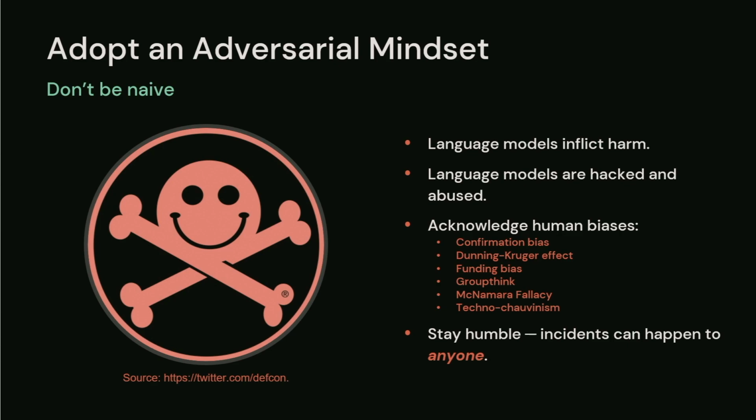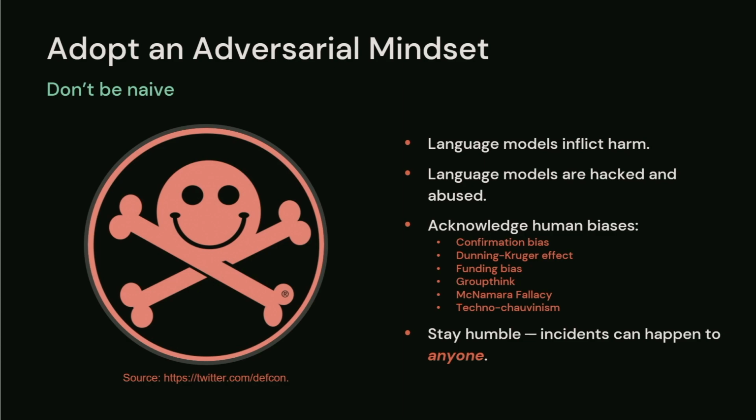We really have to think about human biases when we're doing this kind of work, okay? So there's many different biases that, if you've read Thinking, Fast and Slow, that's what I'm talking about, and then some other types of biases. So our brains function in certain ways, like, say, groupthink. We don't like to be the one in the group that says, hey, this thing really doesn't work, okay?